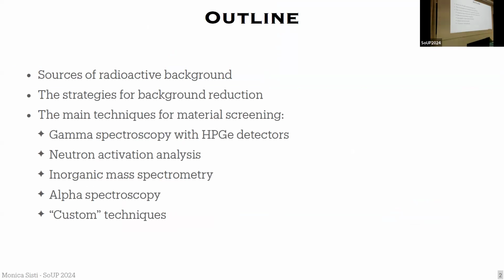We will review the strategies for background reduction, and then we will discuss the main techniques for material screening: gamma spectroscopy with high purity germanium detectors, then neutron activation analysis, inorganic mass spectrometry, and alpha spectroscopy. And then I would like to show you some custom techniques that of course come from my research experience.